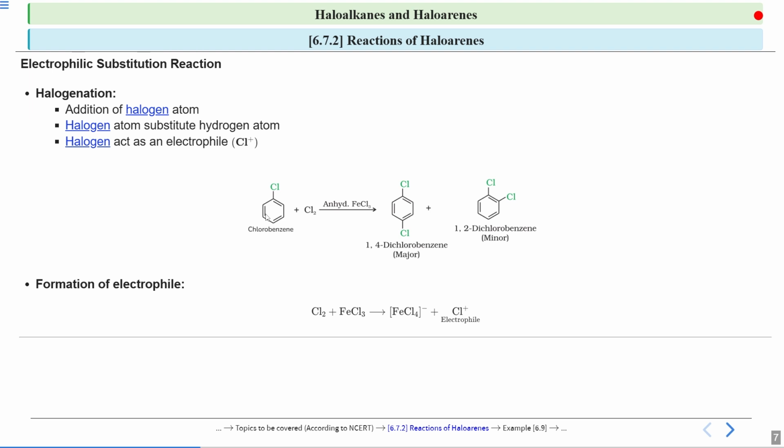It wants to stabilize by gaining electrons, by attacking as an electrophile on the benzene ring at the higher electron density positions, which are ortho and para, and you will get your mixture of products 1,4-dichlorobenzene and 1,2-dichlorobenzene. This is how halogenation happens, one of the types of electrophilic substitution reaction shown by haloarenes.